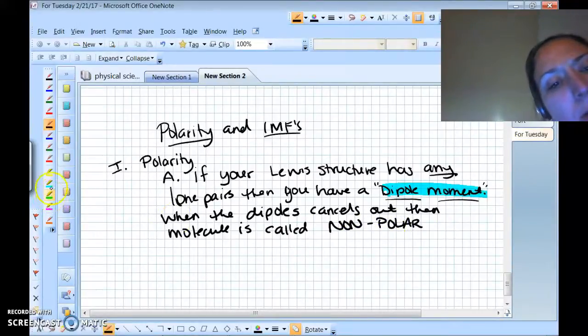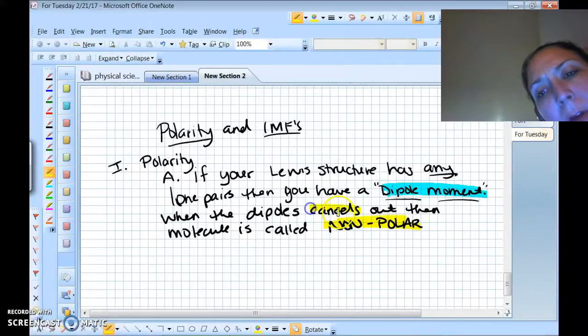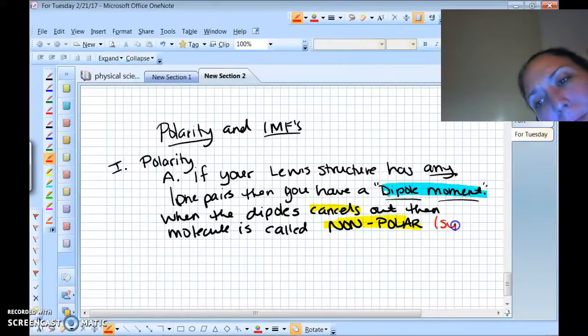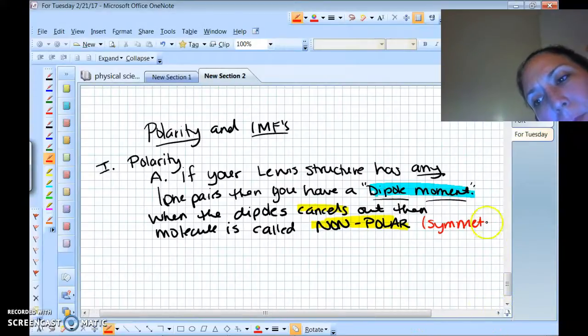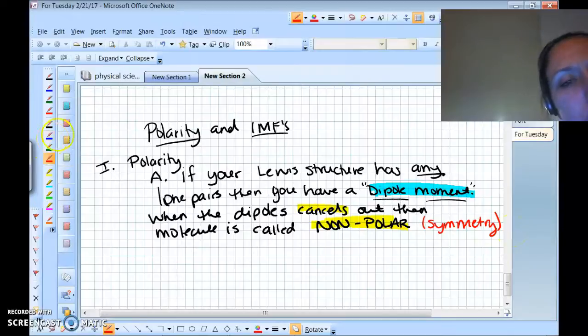Now this happens a lot when we have symmetrical molecules. So if there's symmetry, then the dipoles typically cancel out.